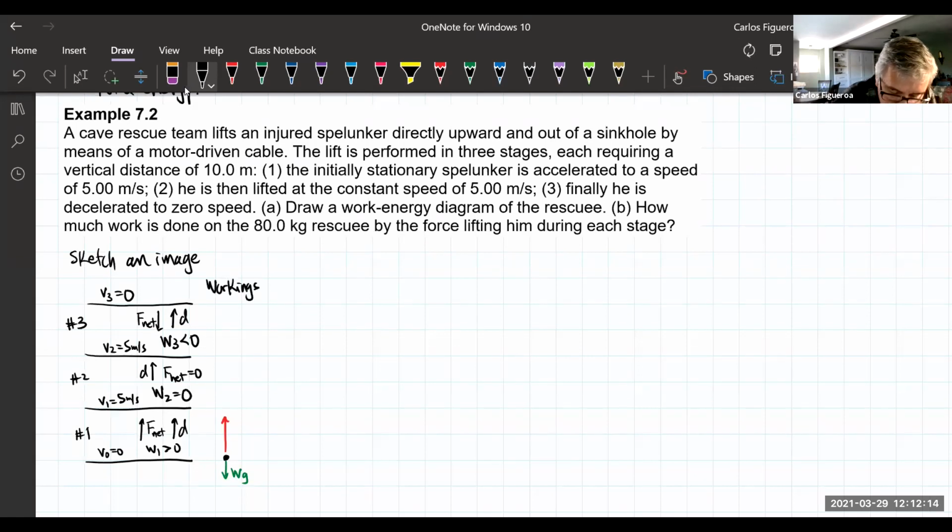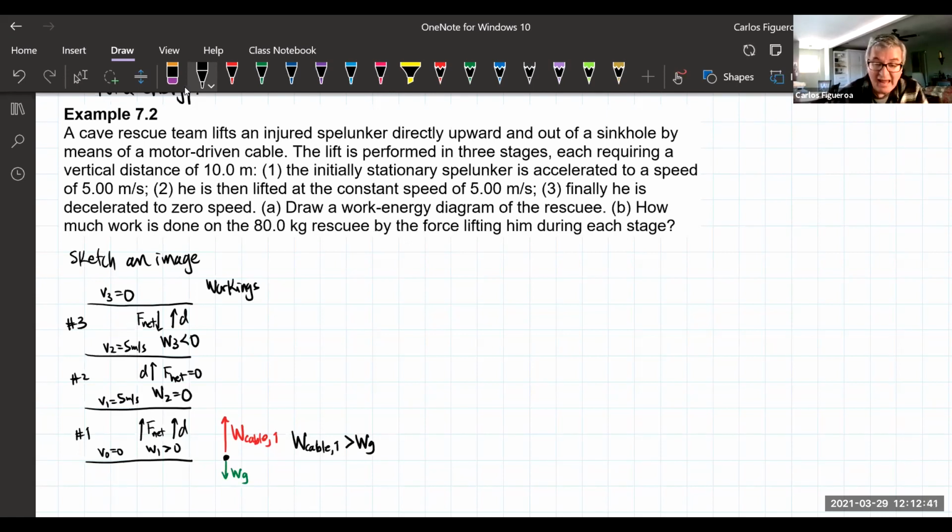So then this has to be the work of the cable up. So the work of the cable has to be greater than the work of gravity, right? So in this case here, we're saying that the work of the cable during the first stage must be greater than the work of gravity. Then we get to the second stage.